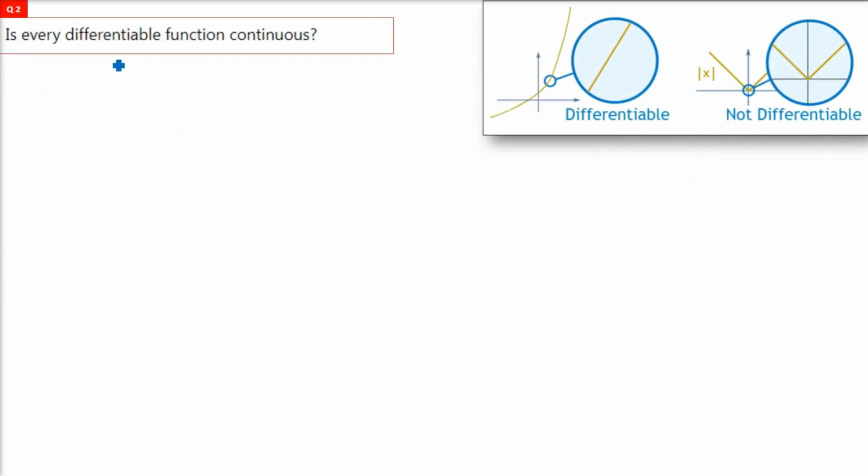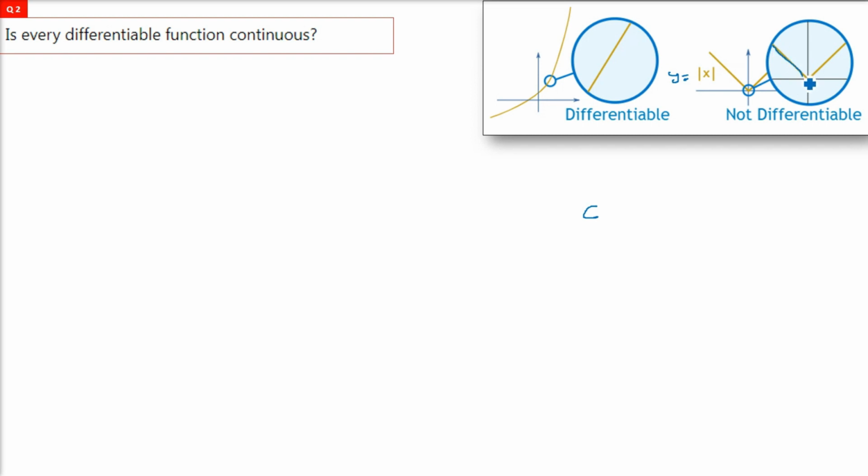Is every differentiable function continuous also? See, continuity is all about not picking up your hand, drawing something without a chance of picking up your pencil or a pen.